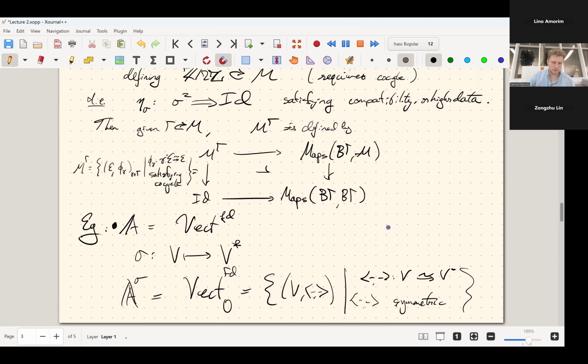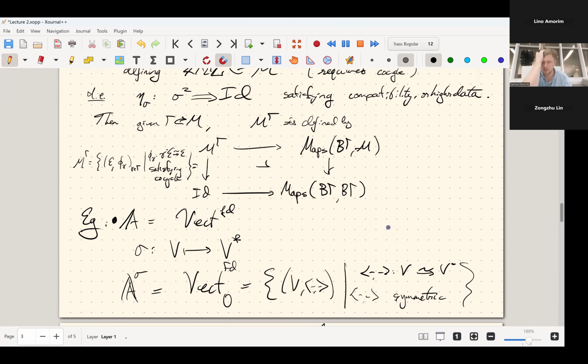And let's see some examples. So our main example is when our abelian category is just the category of finite dimensional vector spaces, which is this union over n greater than or equal to 0 of BGL_n. Our anti-involution is the map that sends a finite dimensional vector space to its dual. And then the fixed point stack, well, we want a vector space together with an isomorphism to its dual.